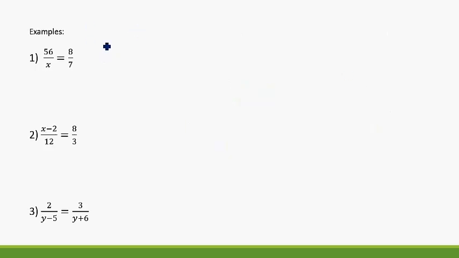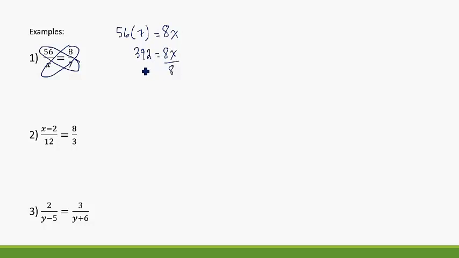Okay, so let's look at a couple of examples. In this first example, we have 56 over x equals 8 over 7. This is one that you could do in your head, but sometimes it's easier to use our cross product principle. So we have 56 times 7 equals 8 times x. Now you simply have a linear equation. 56 times 7 is 392, equals 8x.